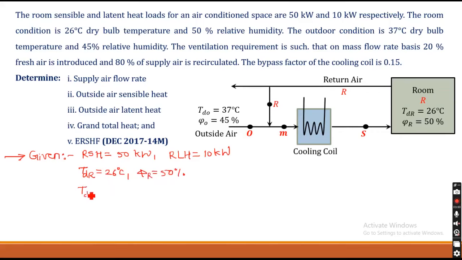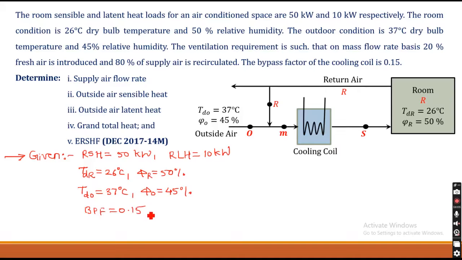TDO is 37 degrees Celsius and the relative humidity of outside air is 45%. Then we have the bypass factor also given, as 0.15. So based on this data, we have to find out all these parameters.